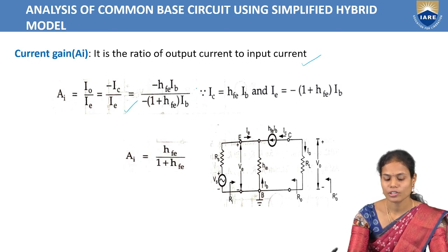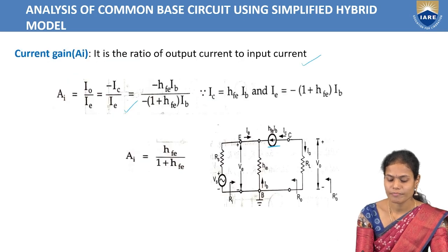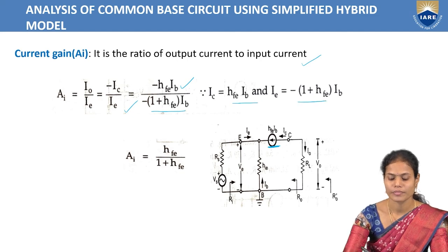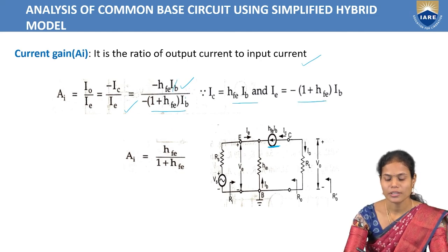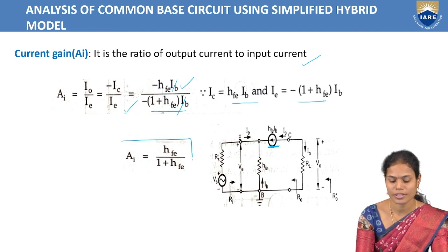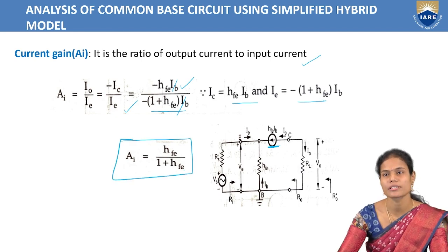IC is nothing but hfe IB here, and IE is nothing but (1 plus hfe) into IB. So here IB will get cancelled. We will get the current gain as hfe by (1 plus hfe). So this is the current gain in the case of the approximate model.